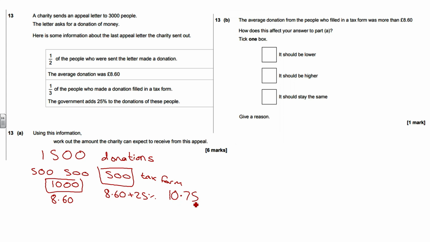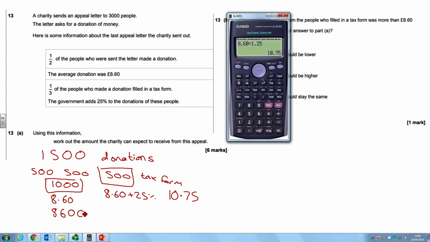So I've got 1,000 donations of £8.60. That will be 8,600. And I've got 500 donations of £10.75. I think I will go to the calculator for that one. So £10.75 multiplied by 500 of the donations.